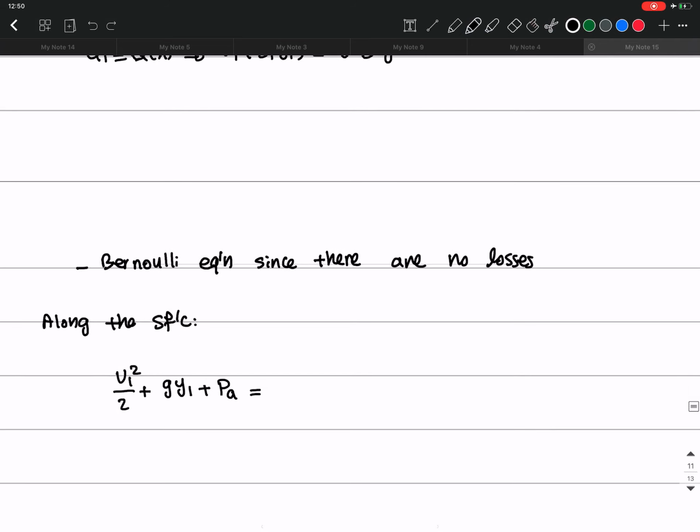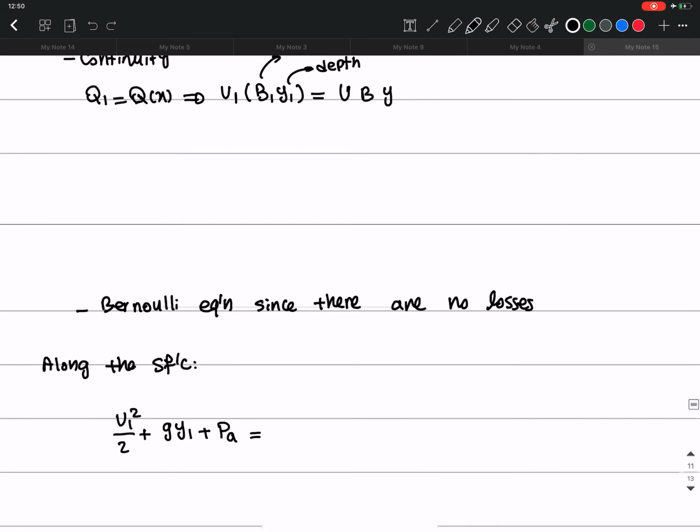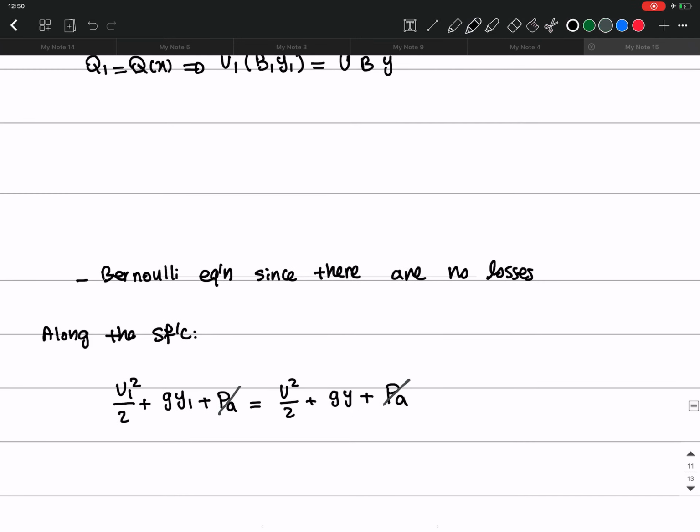So it equals u square over 2 plus gy plus p, again the atmospheric pressure because it's along the surface of the flow. And the atmospheric pressures are going to cancel out from both sides. They are equal.